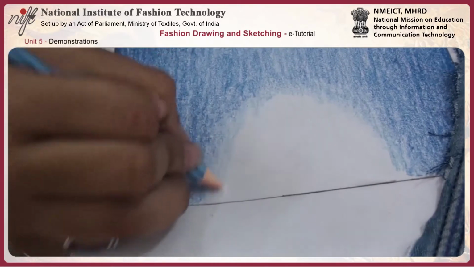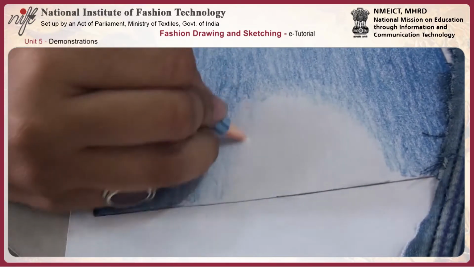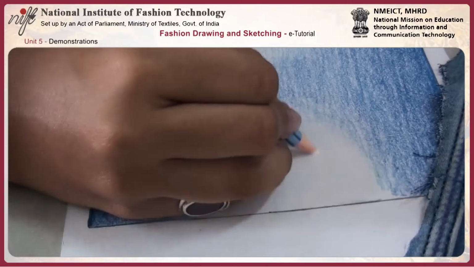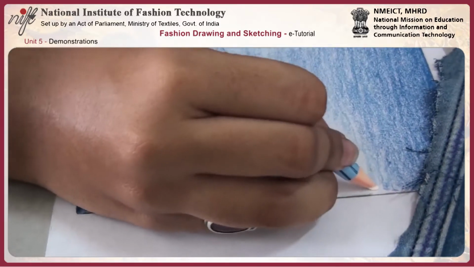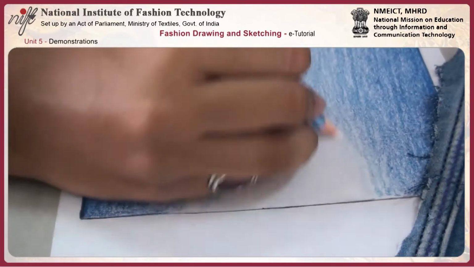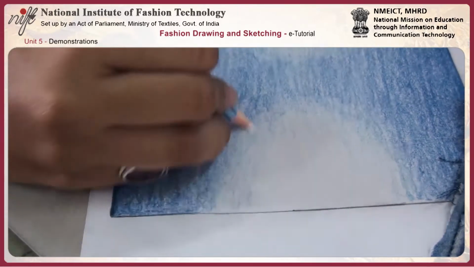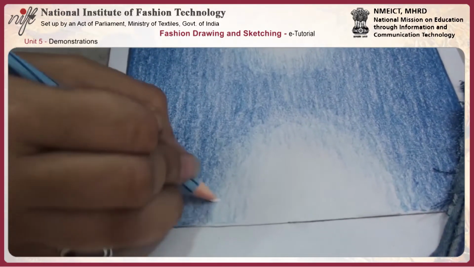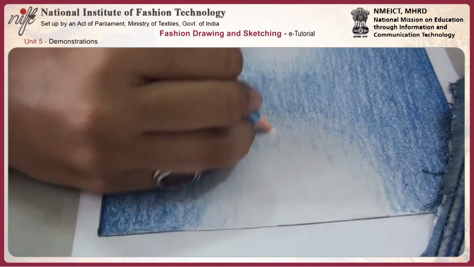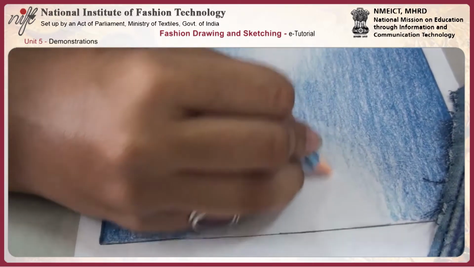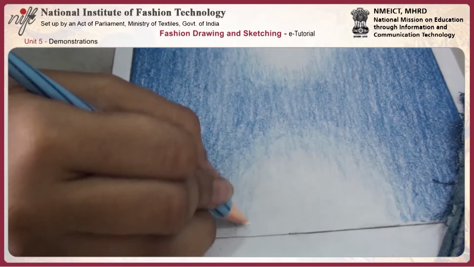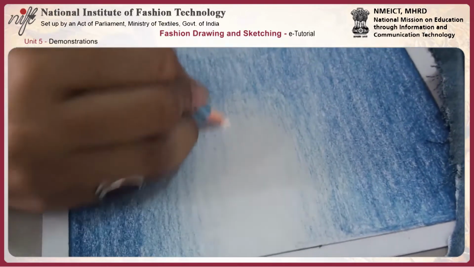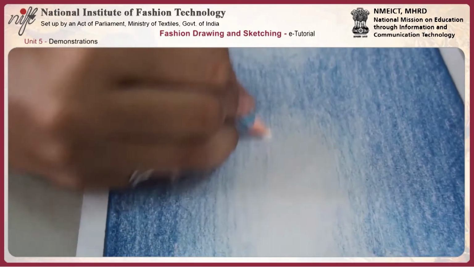As it is fading, the difference between these blues is that there is very little contrast between these colors. So one has to be very careful while rendering such faded fabrics. In this case, you have white which is actually faded indigo.